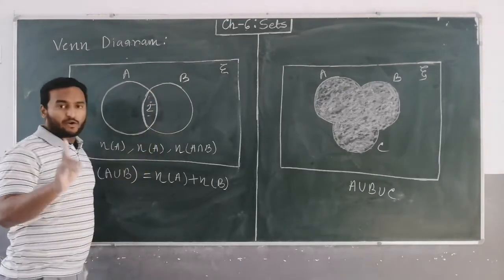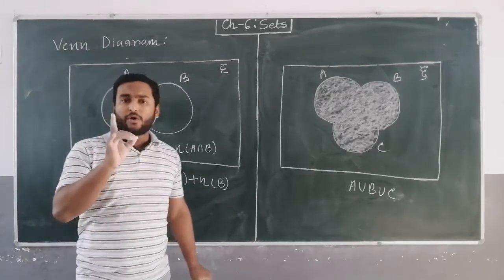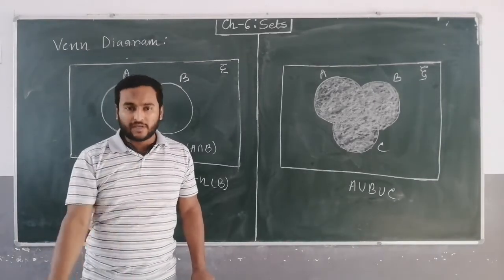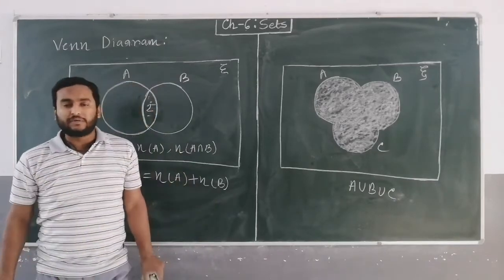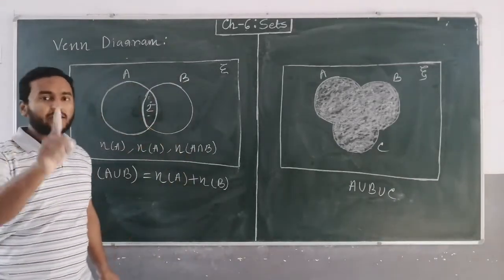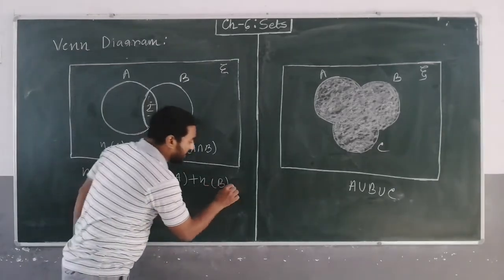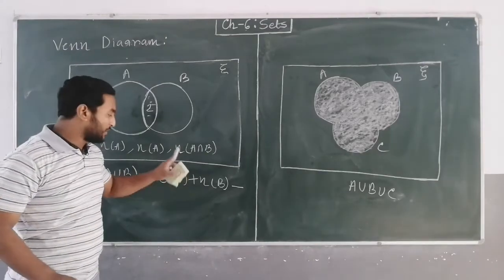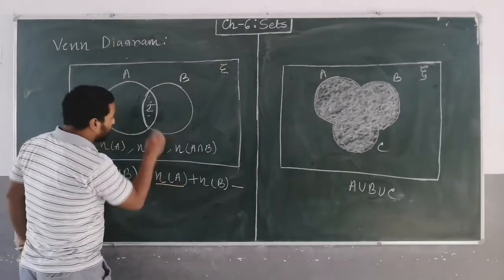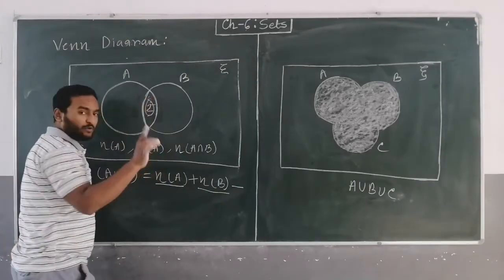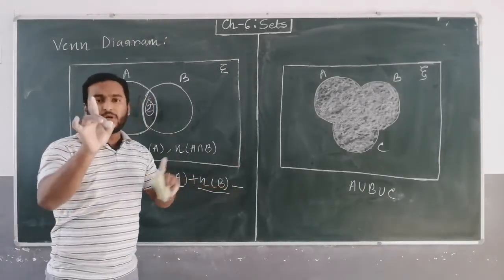But you have to consider it only one time, because we know that no elements will be repeated. If you consider it two times, then the number of elements will be repeated, but we can't repeat. So the common part is included two times, and one time we will subtract.